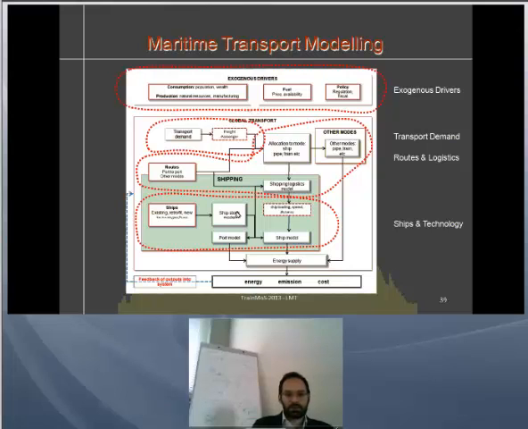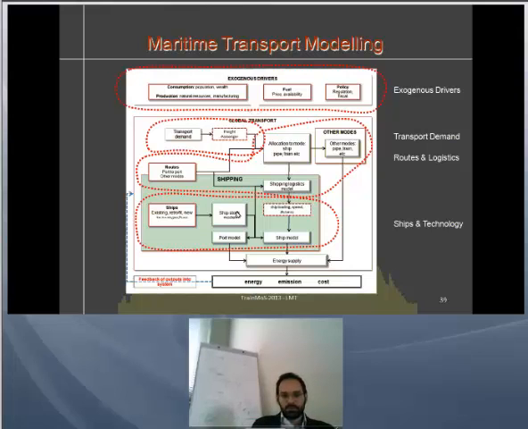So this goes to the ship stock model. It means that there is a model that represents the ships available in the market. And then this is connected, of course, also to the port model, where we have all the possible ports which are available and need to be matched with the cargo and the ships, the actual demand for transport.